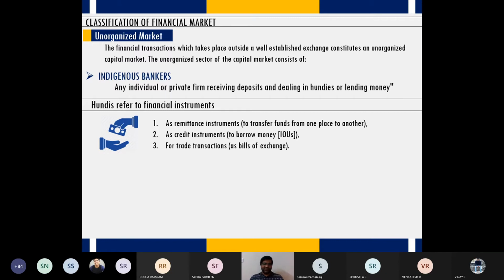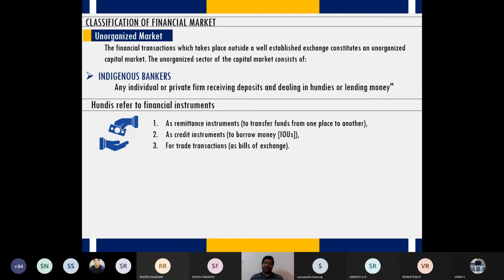Even though the organized banking system is recently developed, the unorganized financial market is as old as human civilization. It exists from ages. You might think that some of the instruments you see now are inventions of the modern banking system. The answer is no. Some of the financial instruments are as old as human civilization.